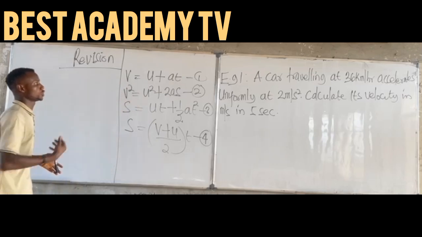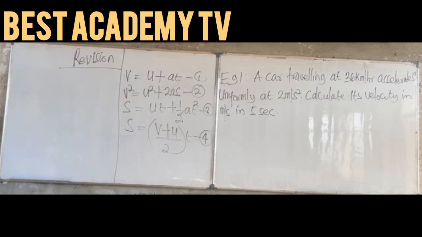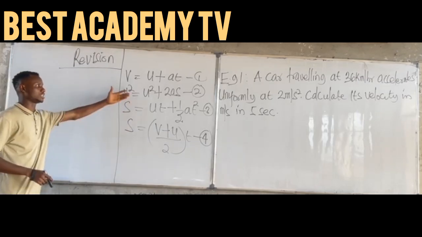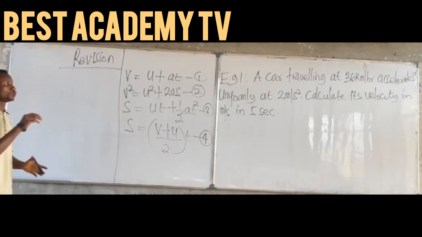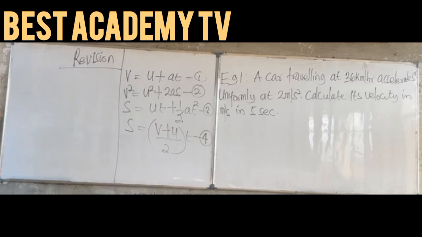When you look into this particular question, this is straight line motion, right? Because a car can never travel in a vertical way. A car will travel in a straight line, right? So since this is straight line motion, I will use equations of straight line motion to solve this. Now, we have formulas relating to motion and we have equations of motion.